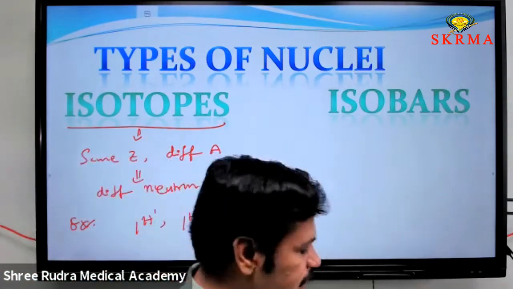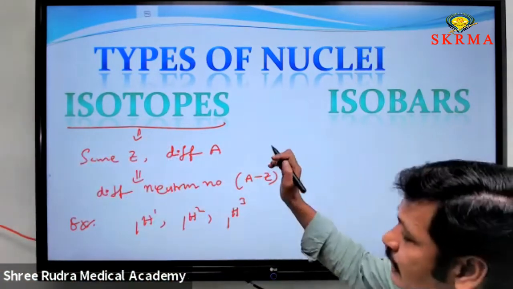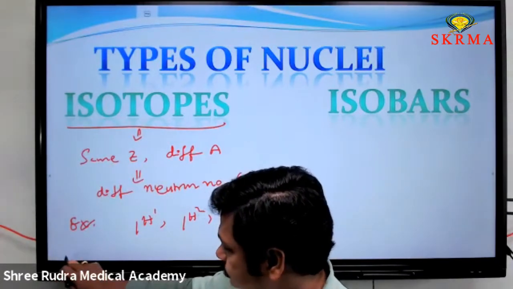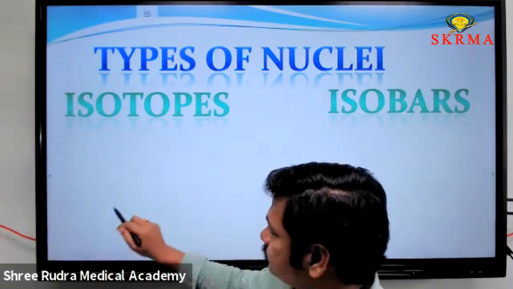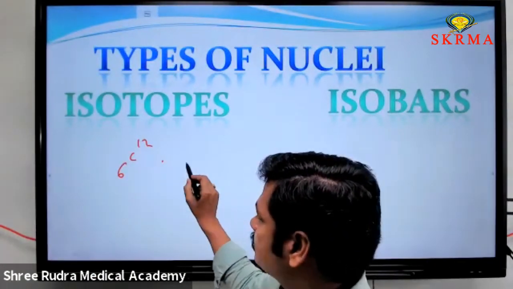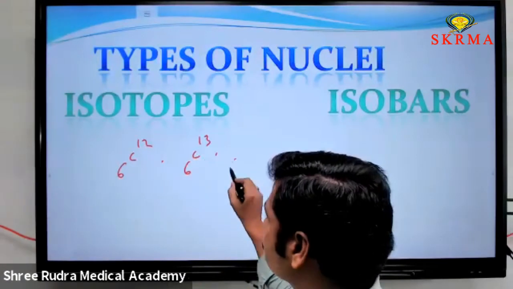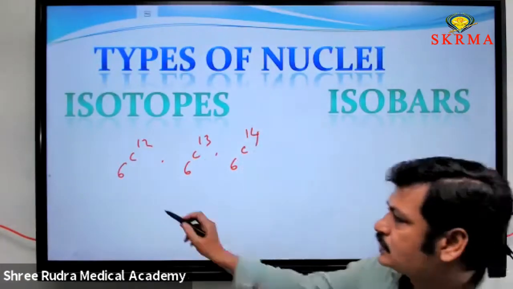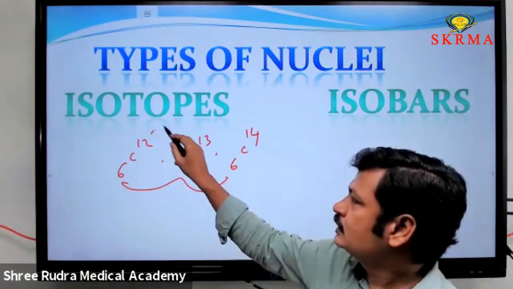And also you can take carbon isotopes. What are the carbon isotopes? The carbon isotopes are 6C12, 6C13, 6C14. Here also same Z, different A.